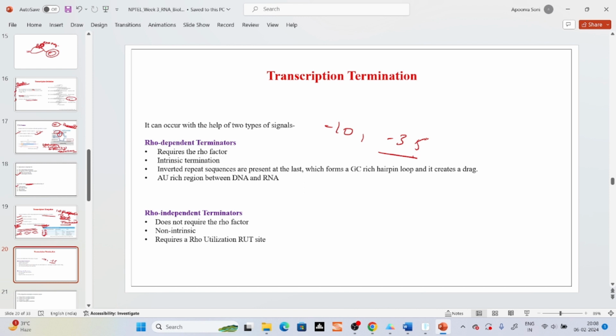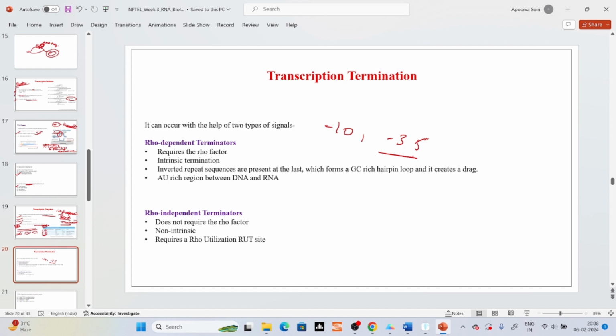Then the DNA is melted, the transcription bubble forms, and RNA polymerase forms the first phosphodiester bond. After that, sigma factor is released and the transcription bubble keeps on walking over the DNA, and in this way transcription continues. RNA polymerase is bound both to the DNA template as well as the RNA.